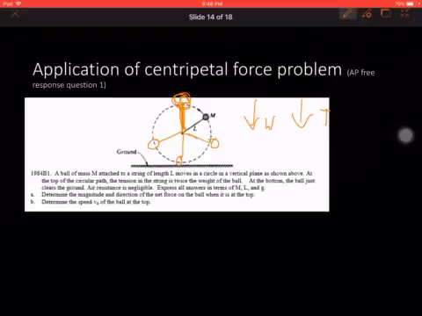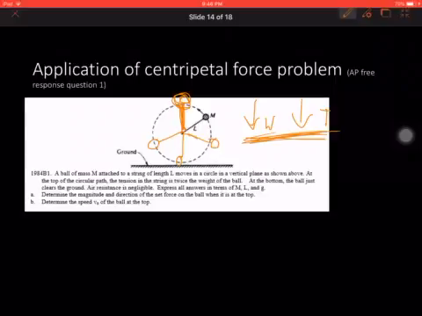But since it's at the top, the weight force will also contribute to the centripetal force because it's pointing towards the center. Both forces are pointing towards the center of the circle, so they're both positive quantities.